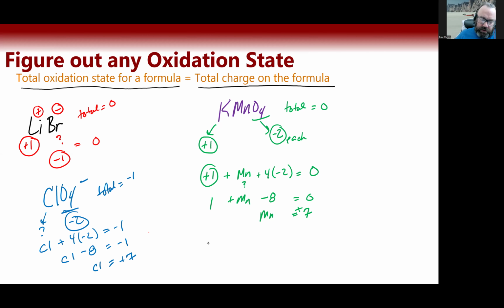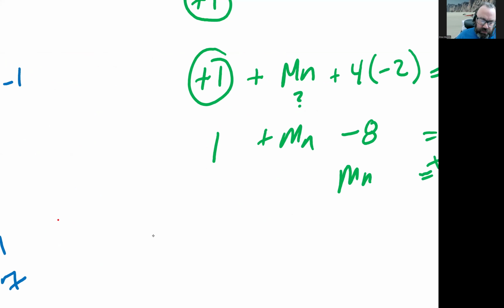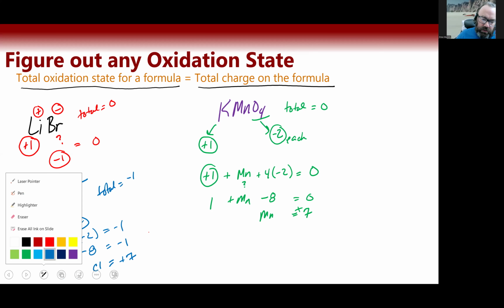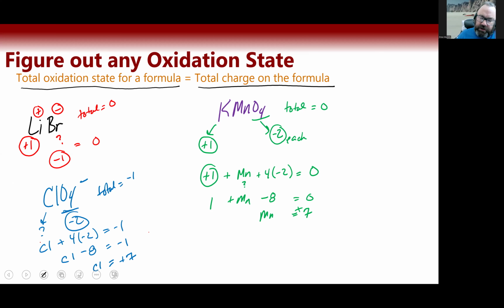Let's do another one. Let's do BrO2 minus. Here we have bromite. We don't know what bromine is, so we're going to figure it out.